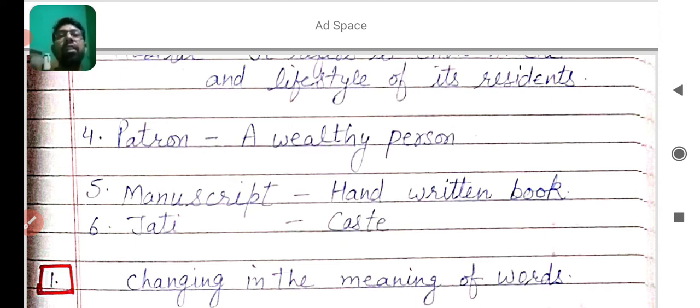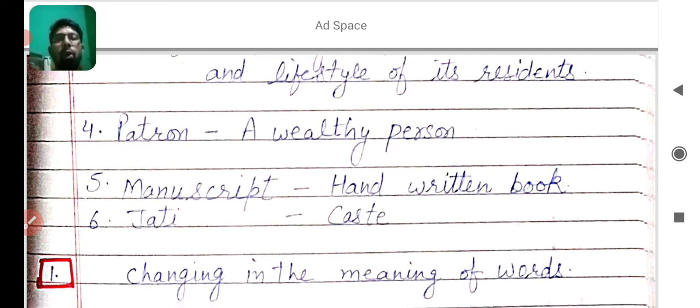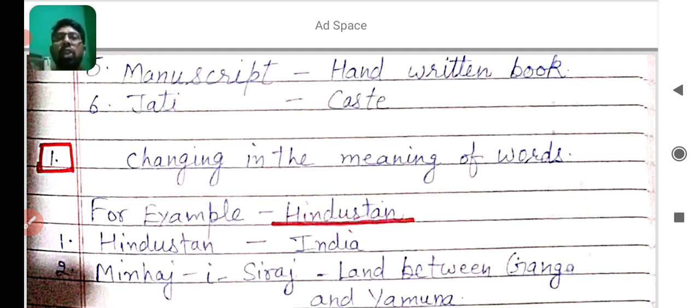Now to begin with the changes in that 1000 years, the first change we learned about is the change in the meaning of words in the past. For example, the word Hindustan nowadays is known as India, but in the past there were many meanings of Hindustan according to the views of different persons.